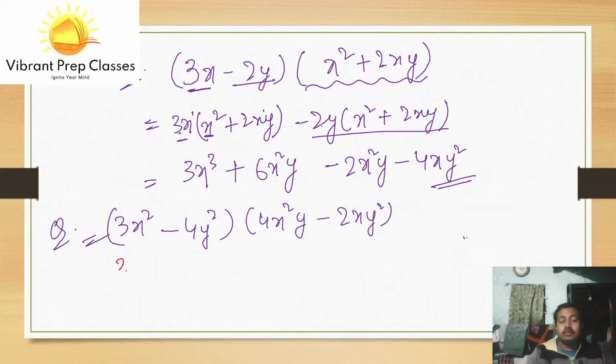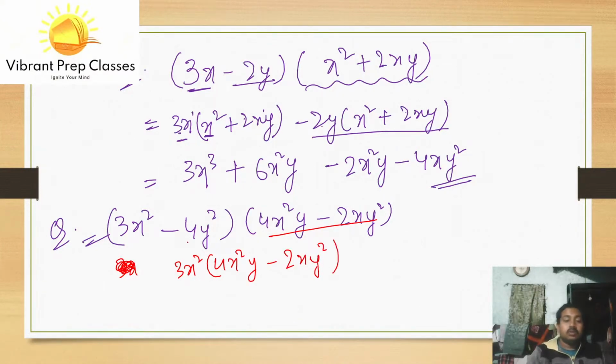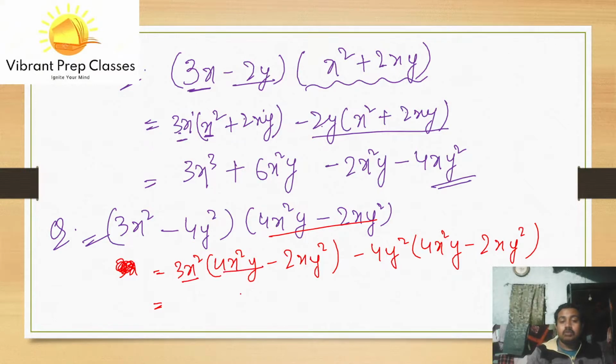So that we see 3x² multiplied with 4x²y minus 2xy², then minus 4y² multiplied with 4x²y and minus 2xy². So when we start multiplying 3x² with 4x²y, we get 12x⁴y, minus 3 twos are 6x³y².